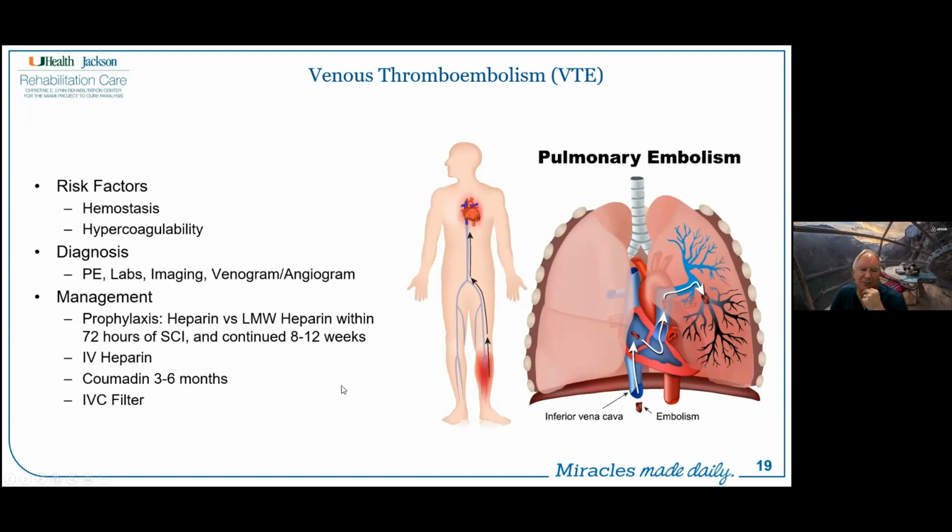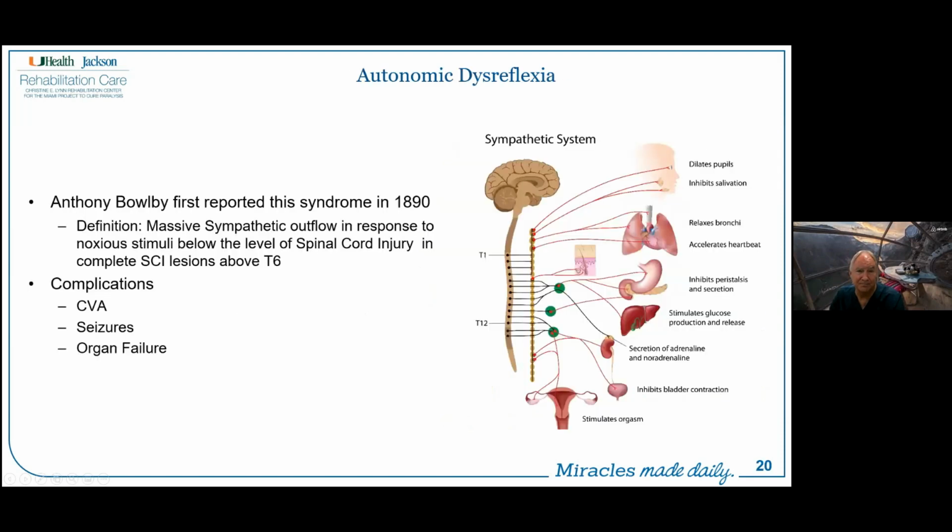Occasionally we'll have to use heparin instead, and that depends on how complicated the person's course is. That would typically go at least 2 months or 3 months in terms of prophylaxis before we would stop the chemical anticoagulation.